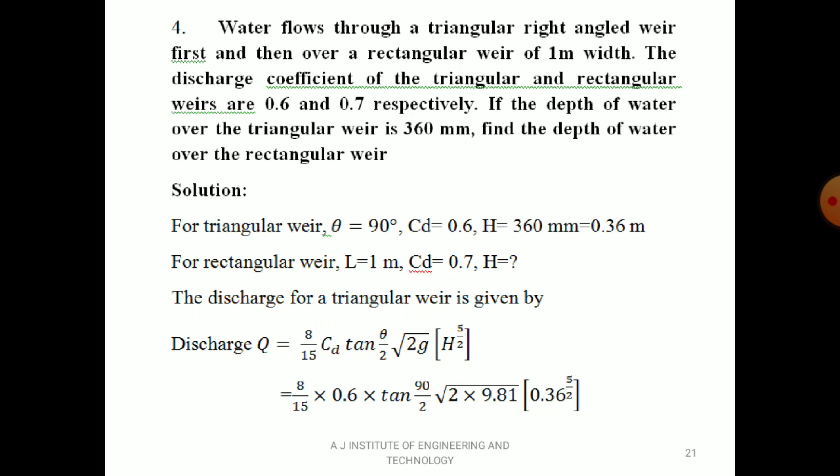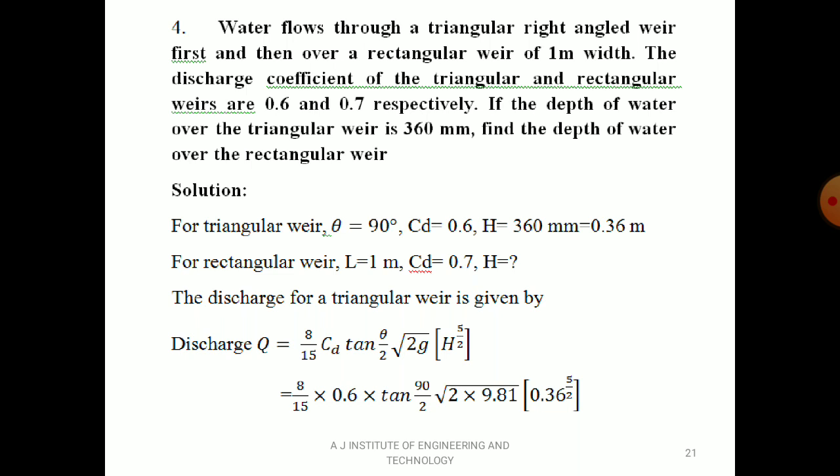So this problem is a combination of triangular right angled weir and rectangular weir. First, the water is going to flow over the triangular weir, then from the triangular weir to the rectangular weir. The depth of water for the triangular weir is given, that is 360 mm. We are supposed to find the depth of water for the rectangular weir.